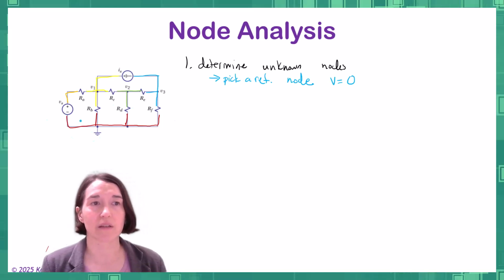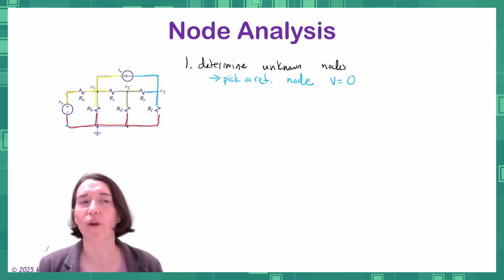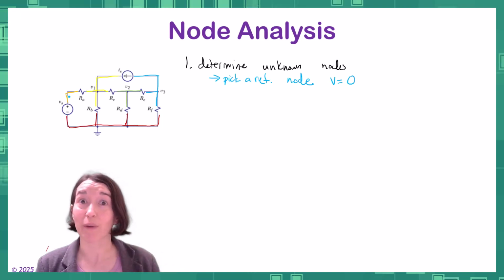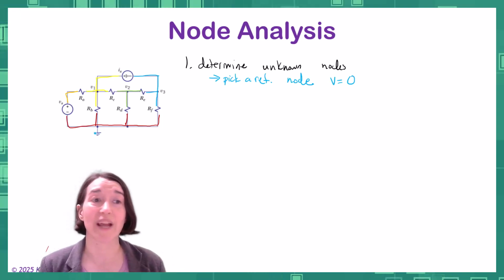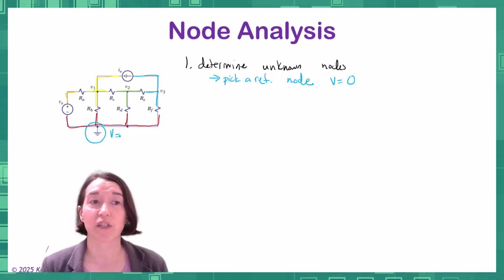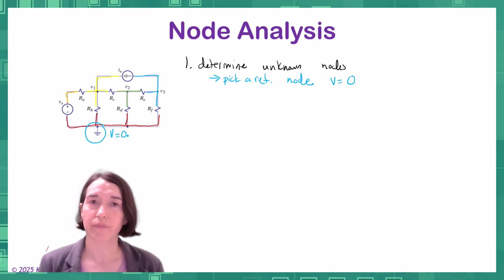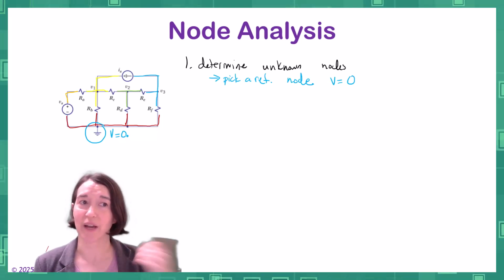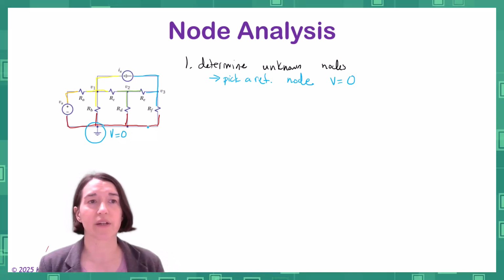In this case it is, and so all of these are kind of connected to here. And we also have a voltage source that's going from here to a higher voltage. So just because we're used to working with positives, it's nice to make this node 0. So this little ground symbol means the voltage here is equal to 0. That gets rid of one of our unknown nodes, because now we've defined it. So this one down here is 0.